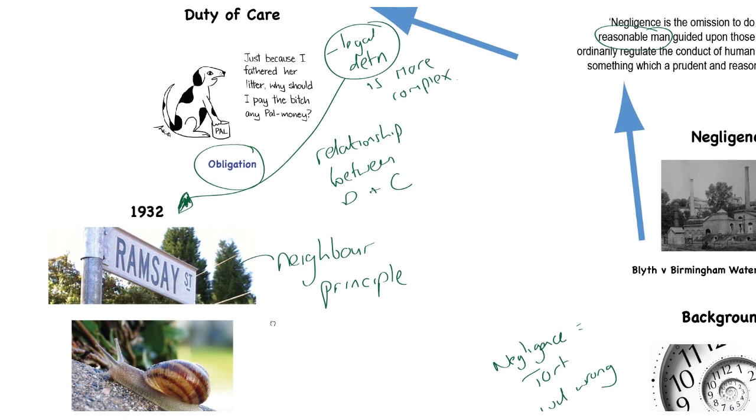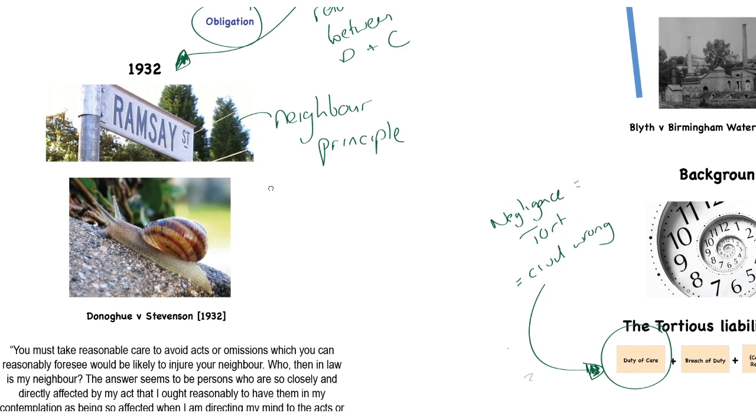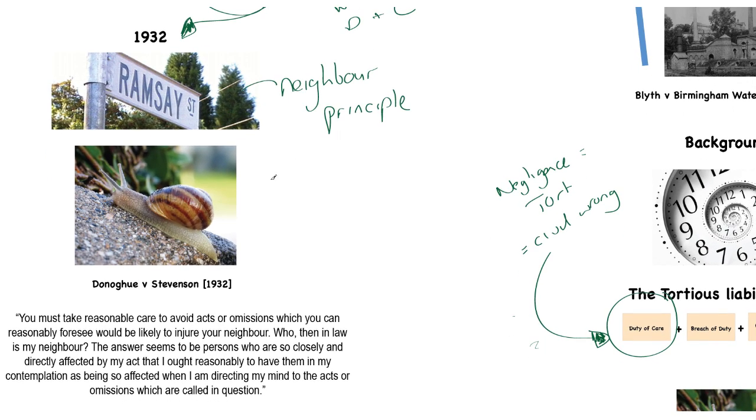And the Neighbour Principle comes from probably one of the most important cases in British legal history, Donoghue versus Stevenson. And the Neighbour Principle is formulated by a judge called Lord Atkin.